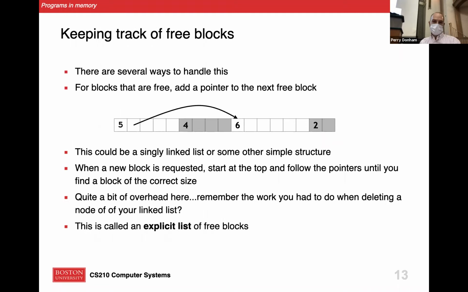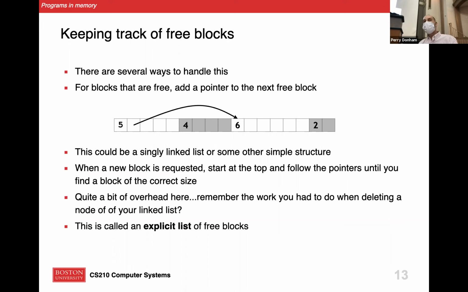One way to do it is, this is essentially a singly linked list. If a block is free, it's not being used, so just stick a pointer in there. That first block with a 5 in it is the header piece, but in the next block over, just stick a pointer to the next free block.